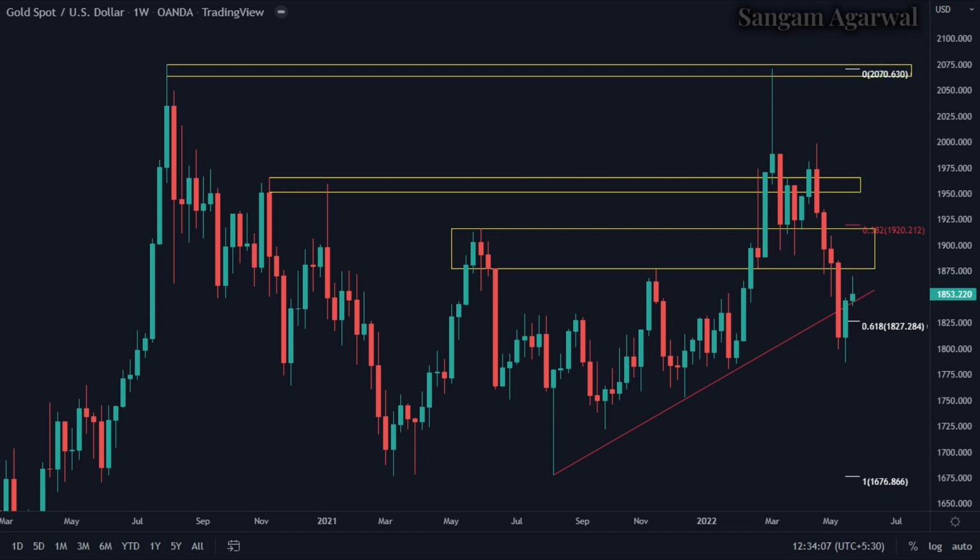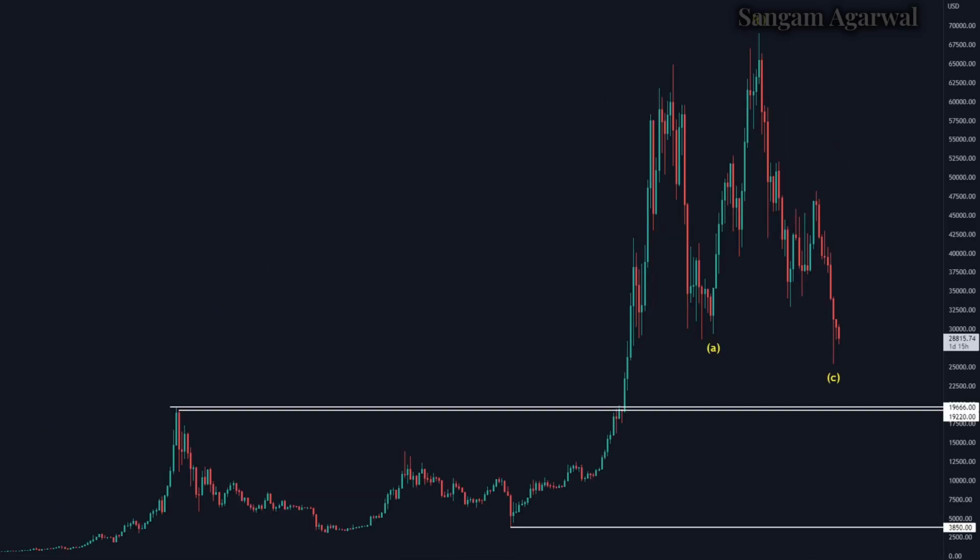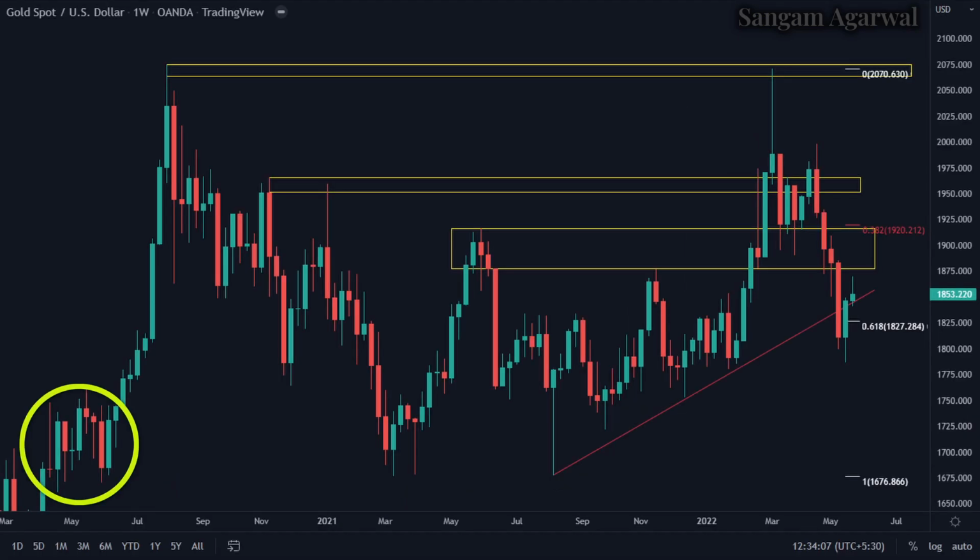Now everyone has accepted that either there will be recession or stagflation, and this is a multi-year process. And the bear market for the stock market has already started. Crypto has crashed, and this upcoming gold crazy bull run like last time is coming.